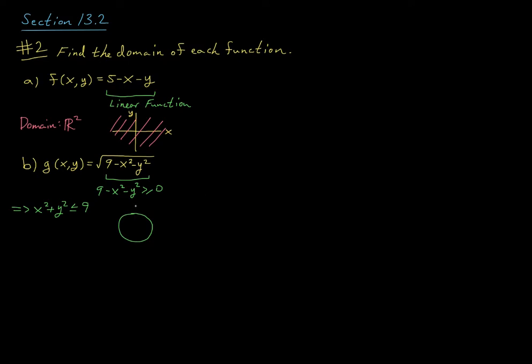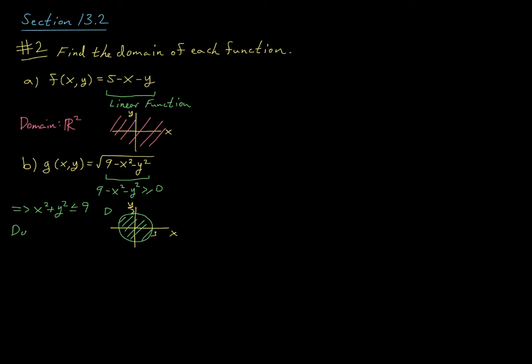And then since we have our inequality here, that's a less than or equal to. This is saying that for the domain, we are going to take all points on that circle and everything in its interior. So this would be a picture of our domain.